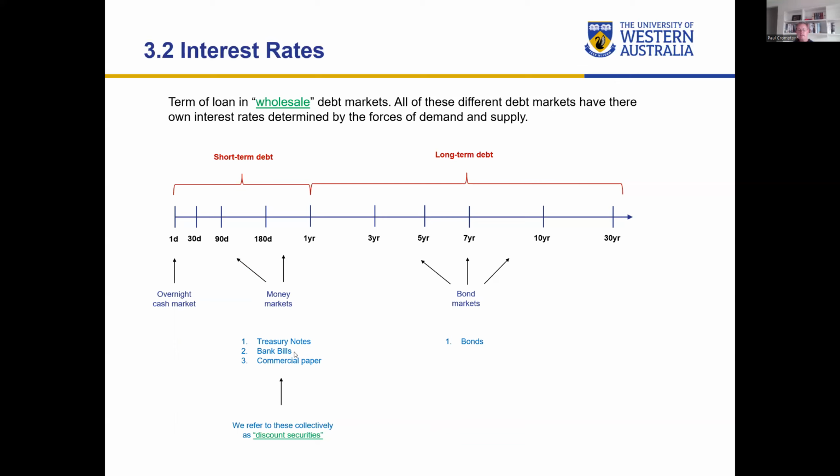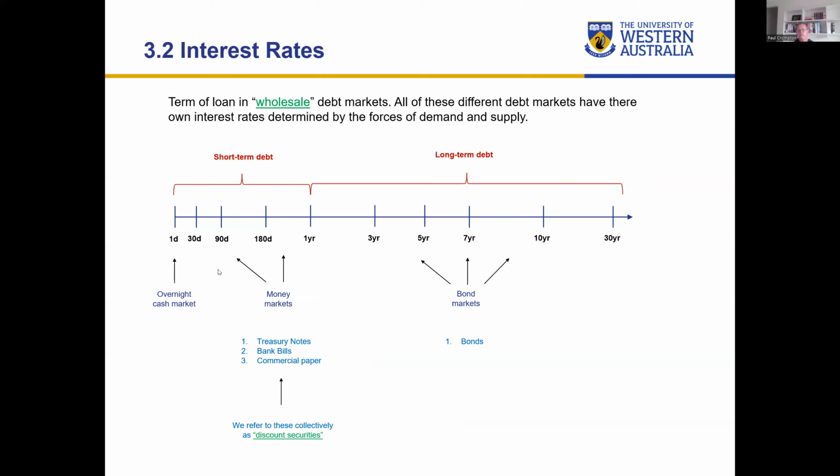So if banks enter these short-term debt markets to borrow money, they will issue bank bills. If the government, the federal government or the state government, wish to enter these markets and borrow money, they will issue treasury notes.